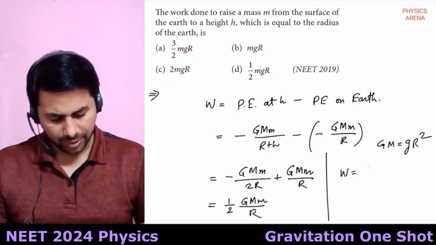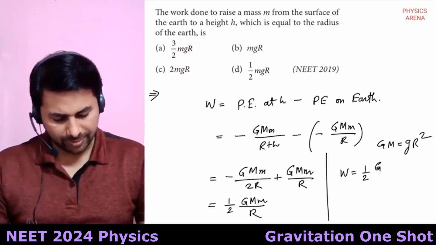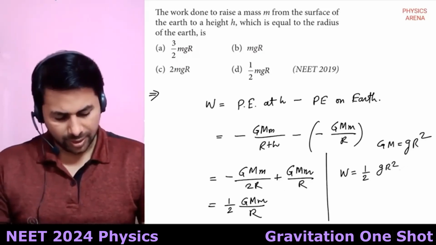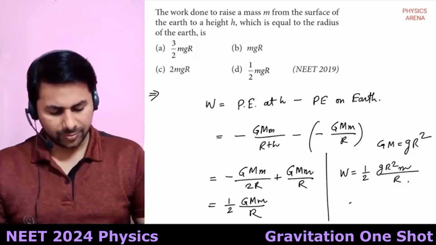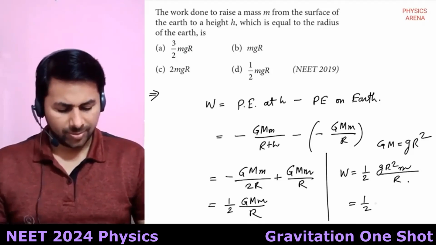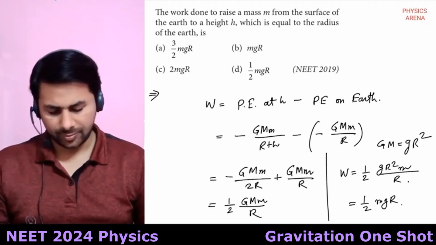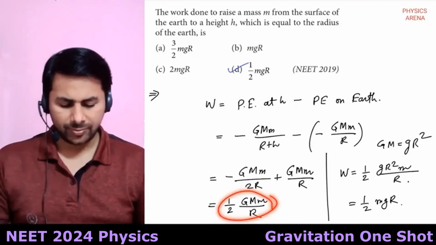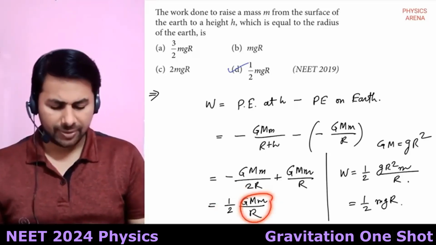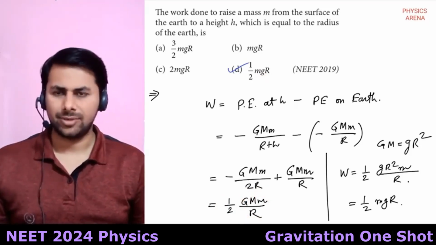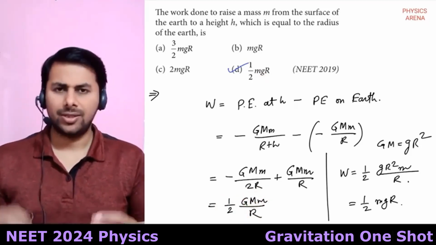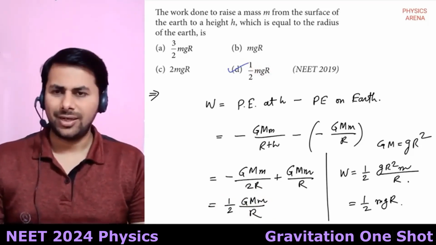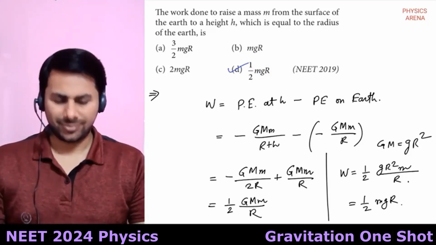So it is half of g times R square into m upon R. So this is half of mgR. Option D. Actually, once you come to this point, GMm upon R will be equal to mgR. If you substitute GM is equal to gR square, you will get mgR, right?